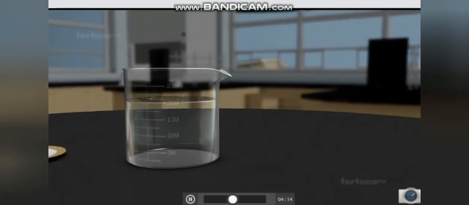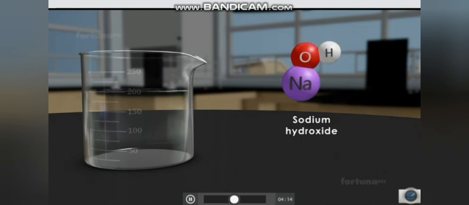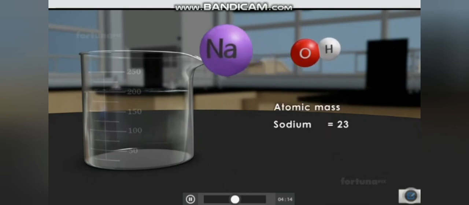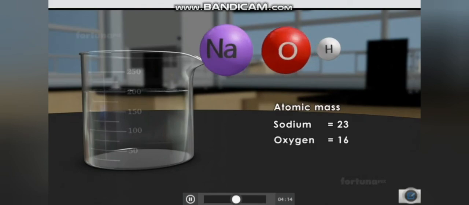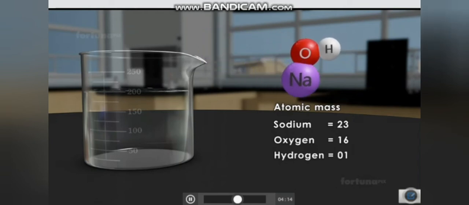First, we need to calculate the number of moles of solute, which is sodium hydroxide, that are present in the solution. The atomic mass of sodium is 23, of oxygen it is 16, and of hydrogen it is 1. Adding up the 3 atomic masses will give us the atomic mass of our compound, which will be 40.